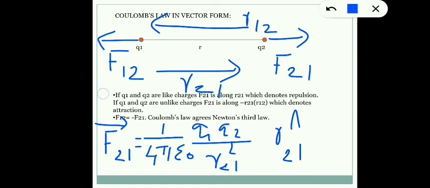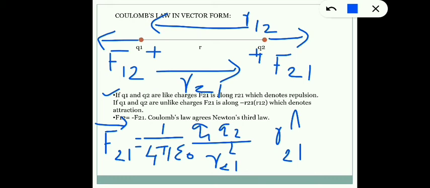Okay. Now just look at this first point. If Q1, Q2 are like charges, F21 is along R21, which denotes repulsion. Suppose Q1 is positive, Q2 is also positive, then what will be the nature of force? It will be a repulsive force.